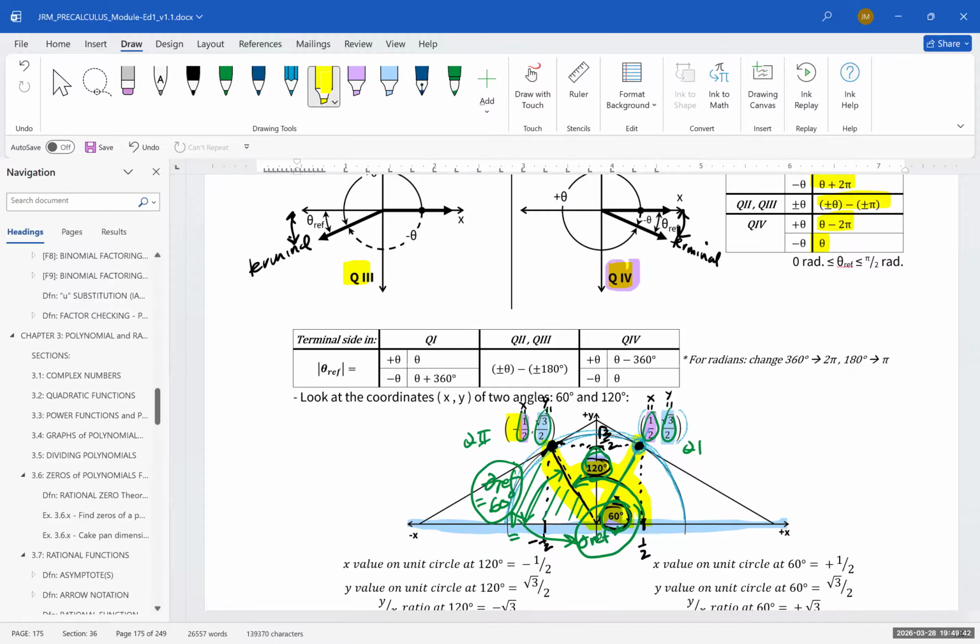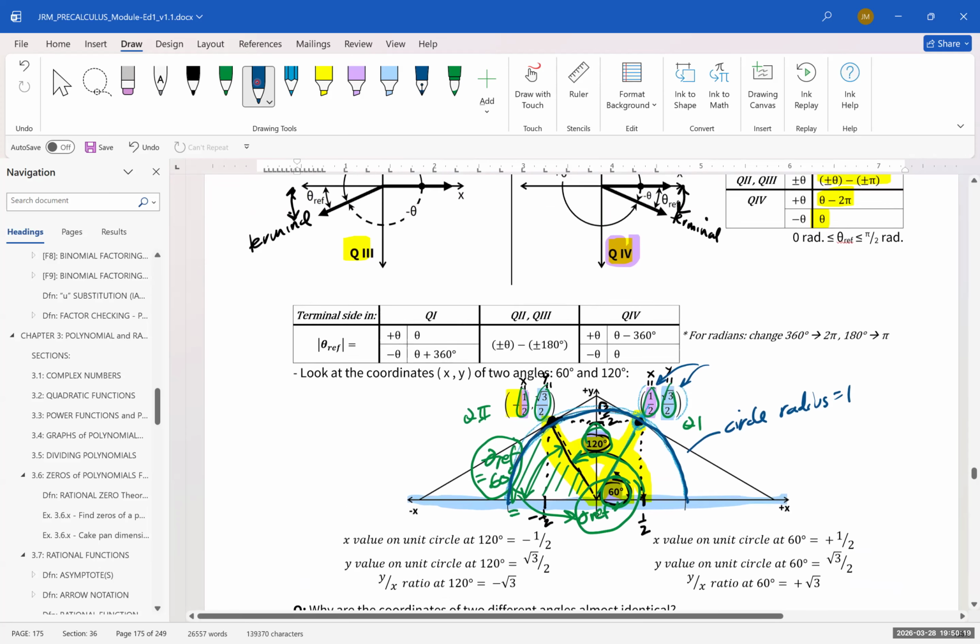And trigonometry and trig functions are intimately tied with the circumference of a circle where the circle has a radius of 1. A circle with a radius of 1 is going to have these values, 1/2 and square root of 3 over 2. So learning how to determine reference angles around any angle is going to be really important for trigonometry.